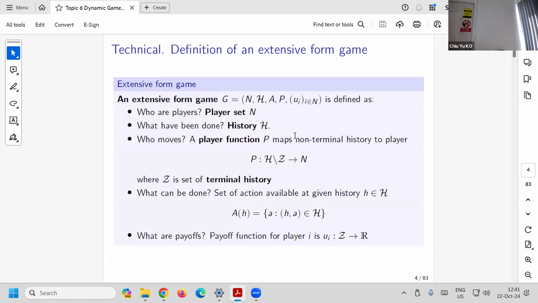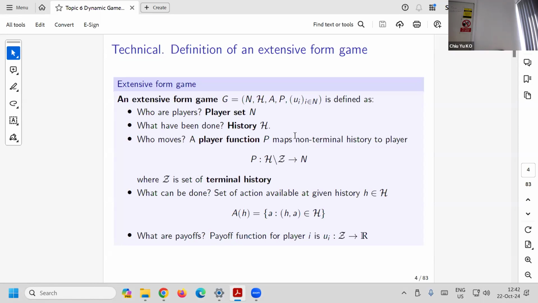So how would we define an extensive form game? Usually this is not defined formally in your paper, but you would do it informally. Okay, and remember how we define a strategic form game or normal form game: players, strategy sets, and payoff functions, right? 3 things.